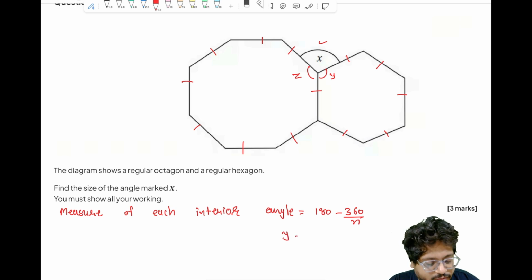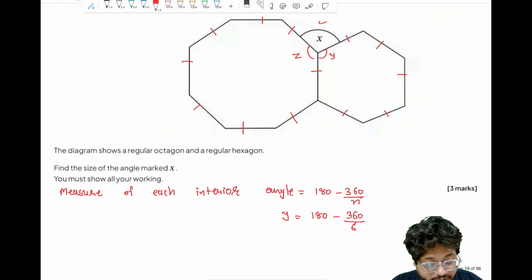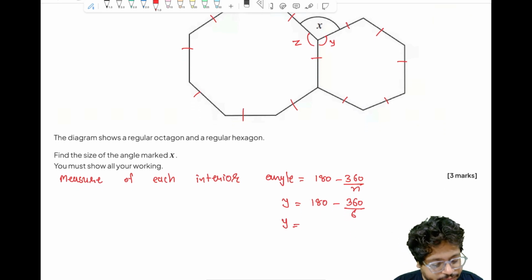So y will be what? It's an interior angle of a 6-sided regular polygon, which is a hexagon. So let's use n is equal to 6 for it. Sorry, I have a sore throat today. So 180 minus 360 upon 6, which is 60. So y is equal to 120.